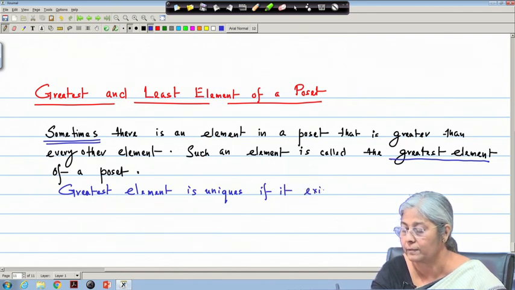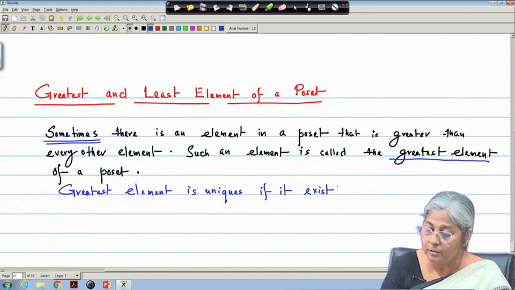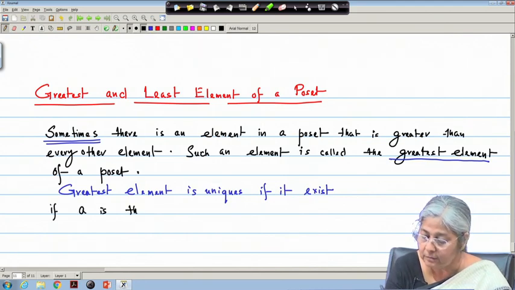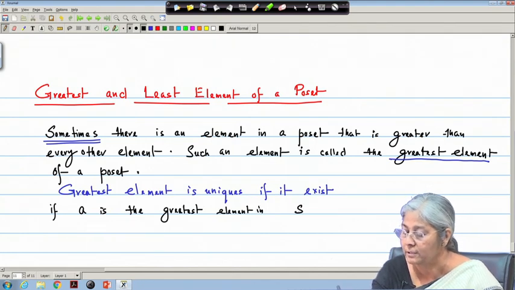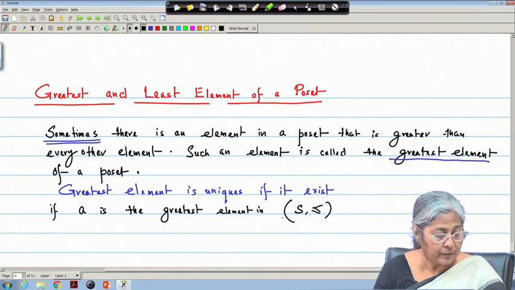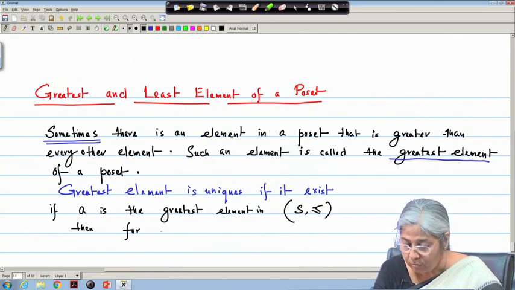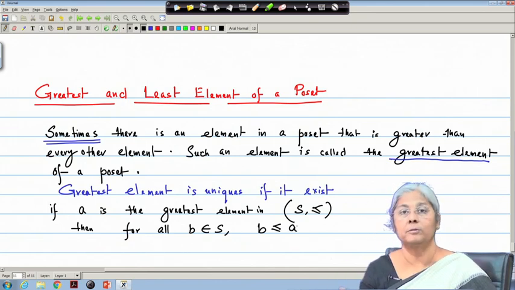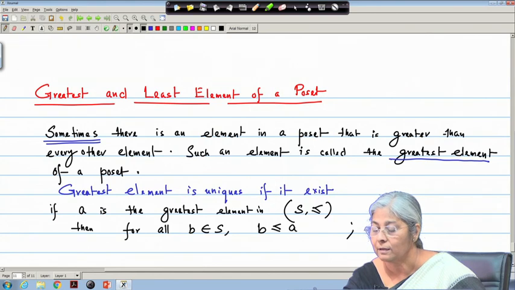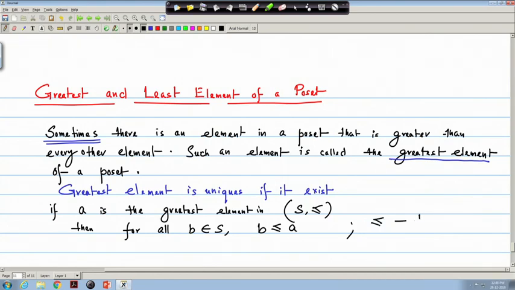So, if A is the greatest element in the poset S, then I can write for all elements B belonging to S that B is less than A, because we have just introduced this notation. So, this is my greatest element.